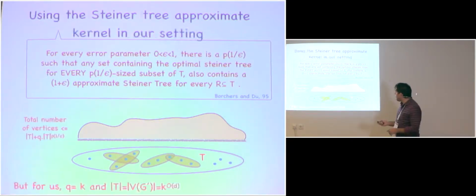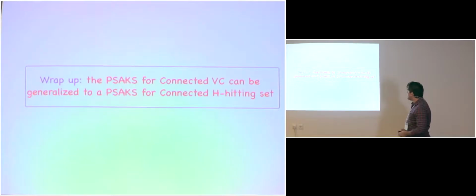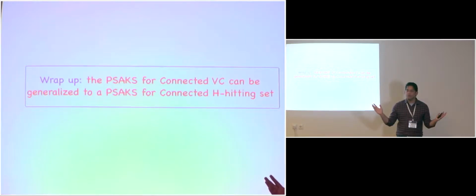And what you end up with is actually a generalization of the PSAKS that you saw to a PSAKS for this problem. So the only difference is you had this point where you were greedily picking vertices of high degree. You throw out that part and you plug in a known approximate kernelization for Steiner tree. Lo and behold, you're done.